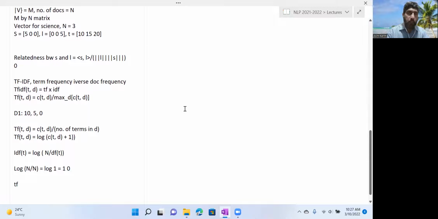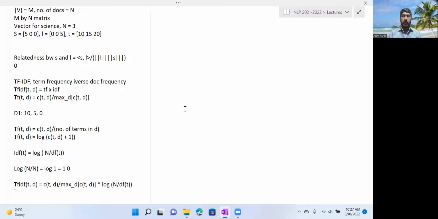So overall, TF-IDF of a term t in document d, if I use the popular one, is count of t in d divided by the max in d of the count of t, then multiplied by, of course, log of N divided by DF of t.